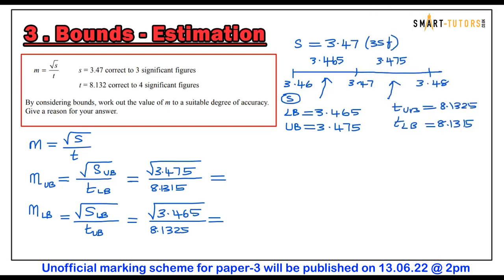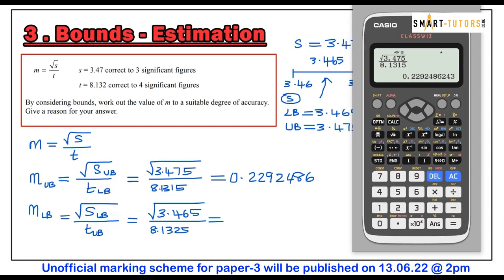So the answer is 0.229248. I'm just going to keep the calculator on my second screen, and I'm going to be writing the answer 0.2292486. That's more than enough. And I'm using the calculator again. You don't need to retype it again. You can use the arrow key to change the number 8.465.